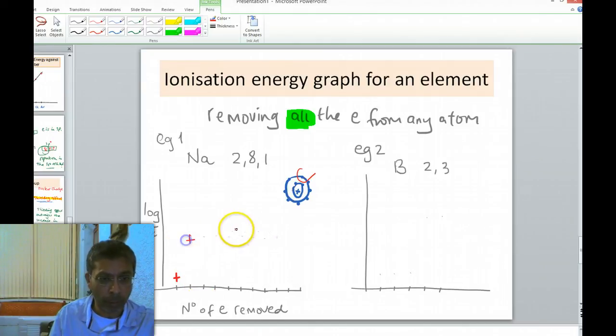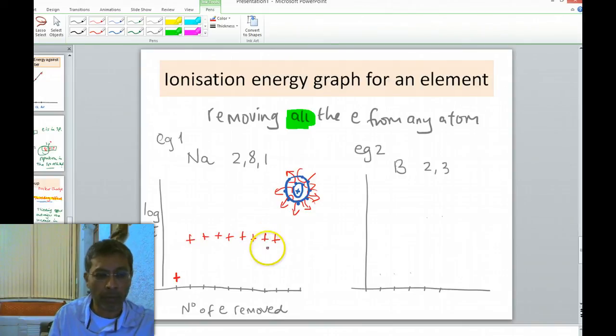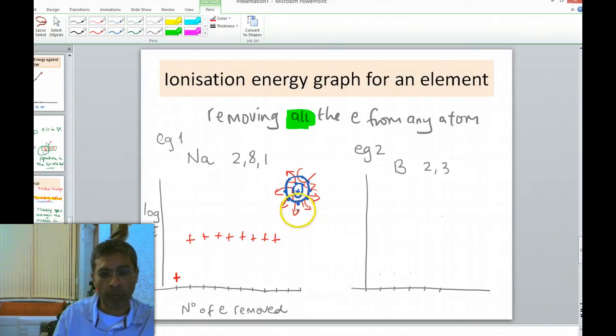Like so. Until all these electrons are removed, all in the same shell, there won't be too much of a significant difference in removing all those electrons. So fairly constant, the same main energy level. 1, 2, 3, 4, 5, 6, 7, 8 electrons you've just removed. Once they've been removed, that shell has now disappeared.